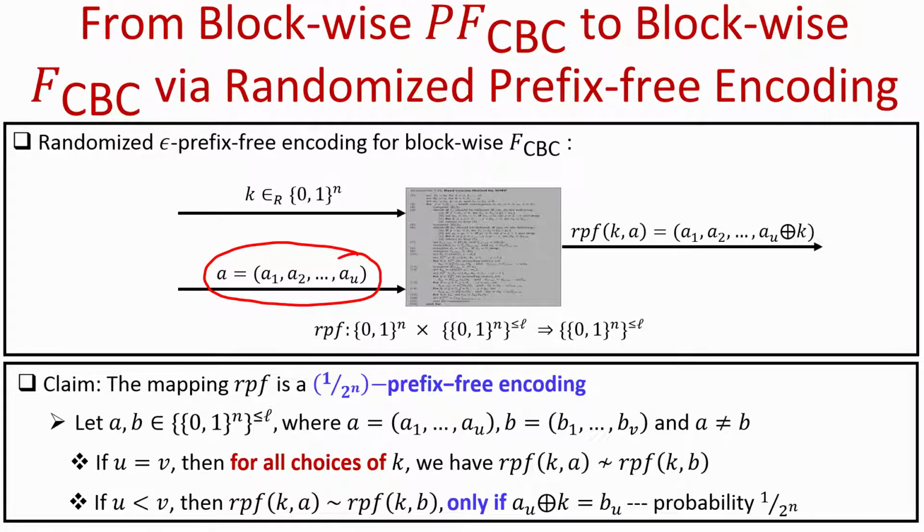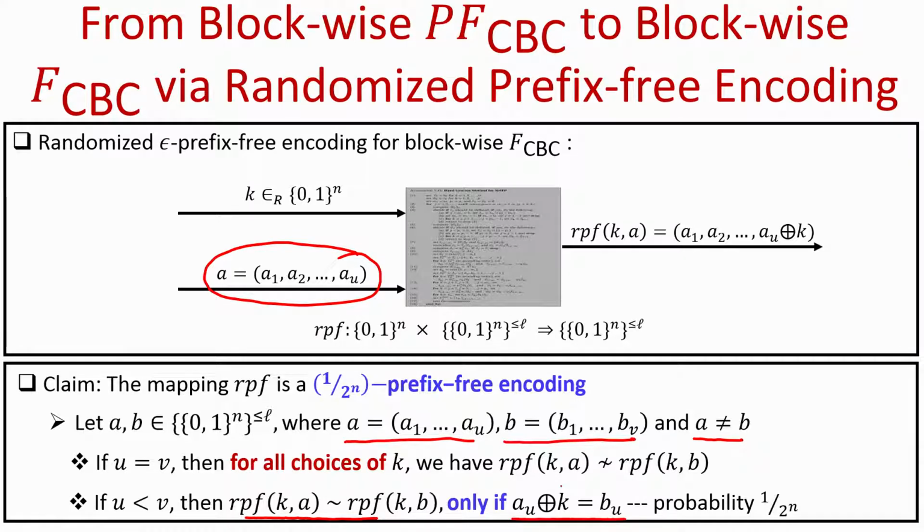On the other hand, consider a scenario where, without loss of generality, the number of blocks in A is less than the number of blocks in B and A is not equal to B. Then what is the probability that encoded A is a prefix of encoded B? Well, encoded A will be a prefix of encoded B if and only if the following relationship holds.